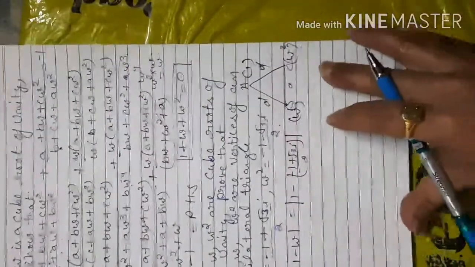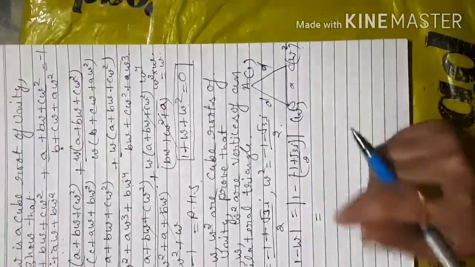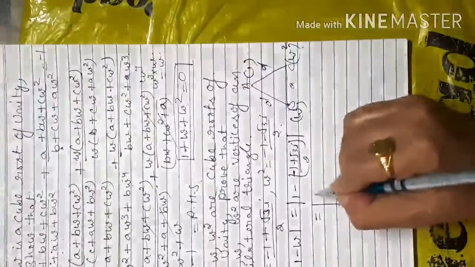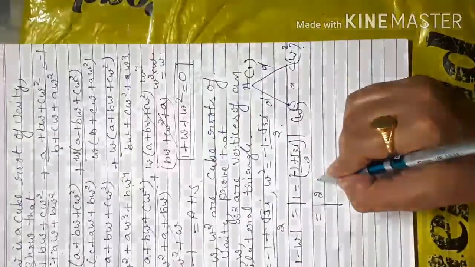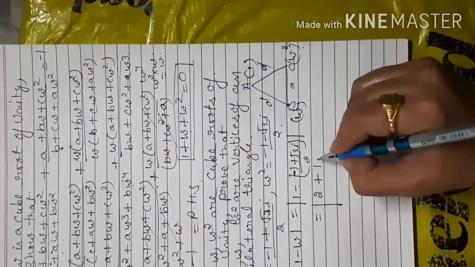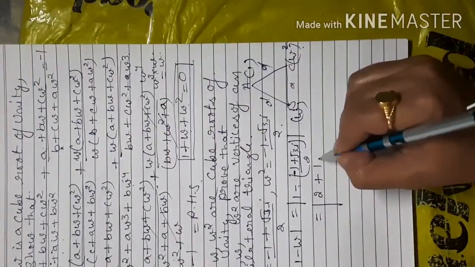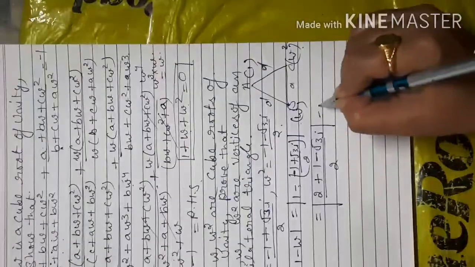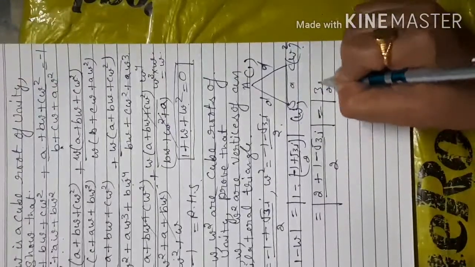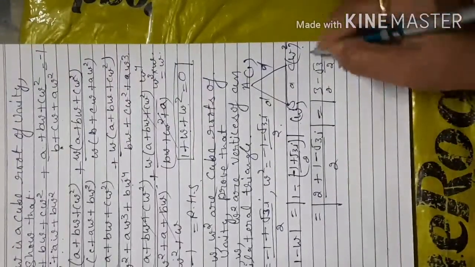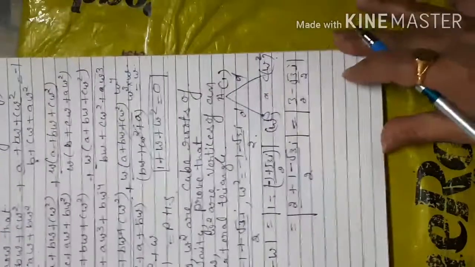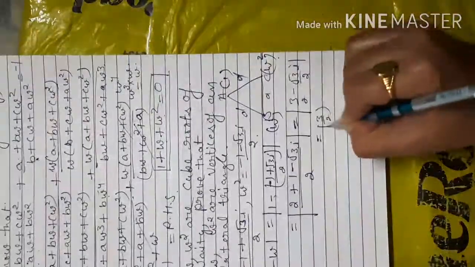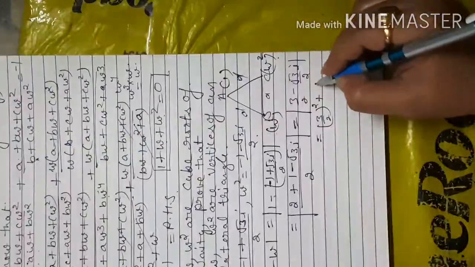When you take the LCM of this, this is -1 here and the negative sign outside. So when you take the LCM, 2 minus (-1) becomes +1, which gives 3, and here negative and positive become negative root 3i by 2. So that gives me 3 by 2 minus root 3 by 2 i. After that, you have to find the modulus of the complex number, that is the square root of the square of the real part plus the square of the imaginary part.